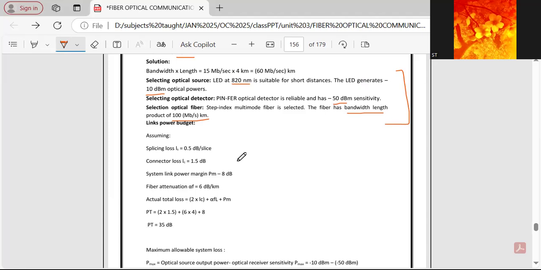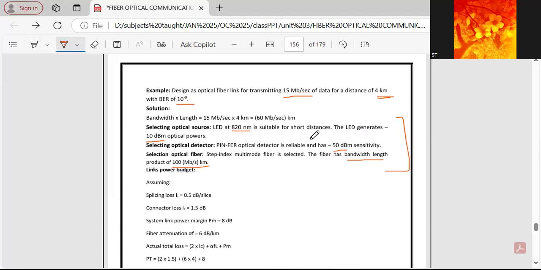Now here no losses are given, so we are assuming the losses occurring at the different components. Generally the splicing loss is around this range, and similarly the connector loss, system margin loss, and fiber attenuation loss. We have assumed all these parameters because they are not given in the question.